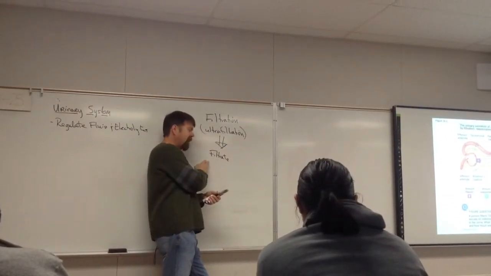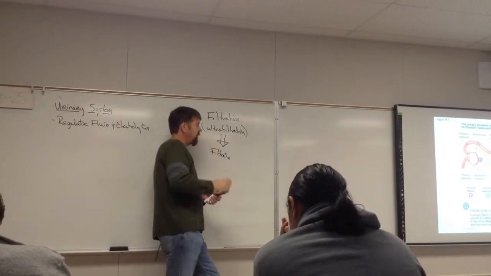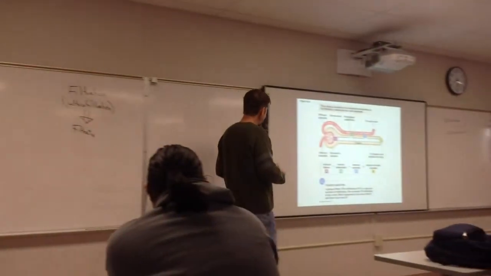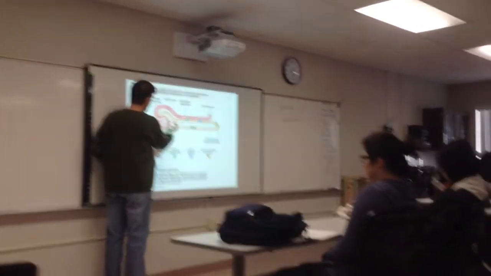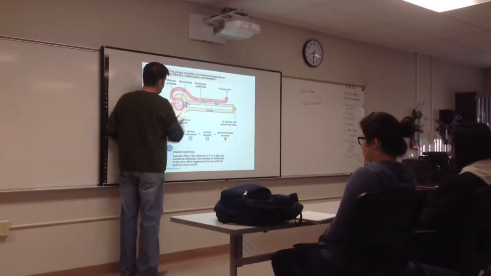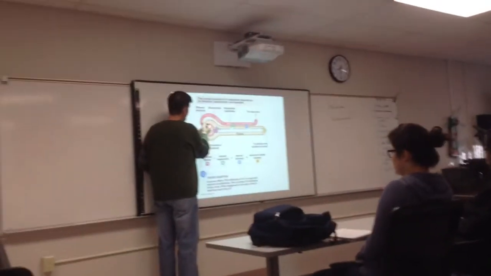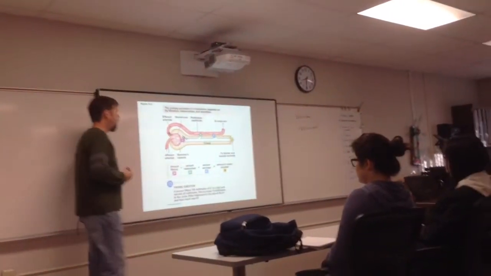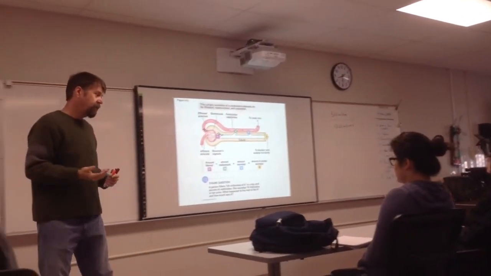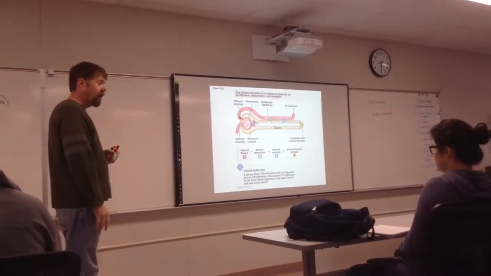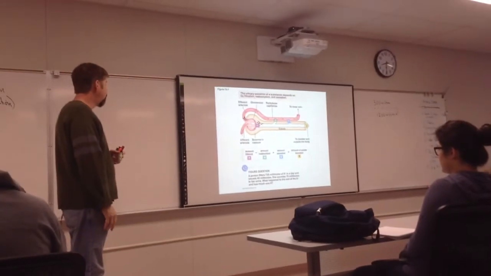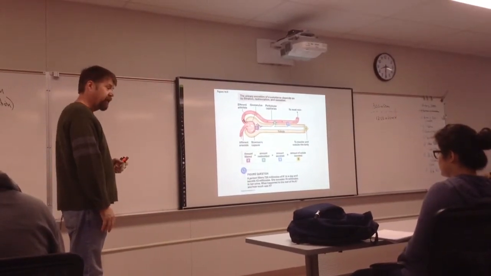Now, to give you an idea about how much filtrate is produced, of all the blood that comes in the afferent arteriole, from just looking at volume, about 20% of it becomes filtrate, and about 80% of it is returned back to the efferent arteriole. So as we push through this glomerular capillary bed, we make a lot of filtrate.